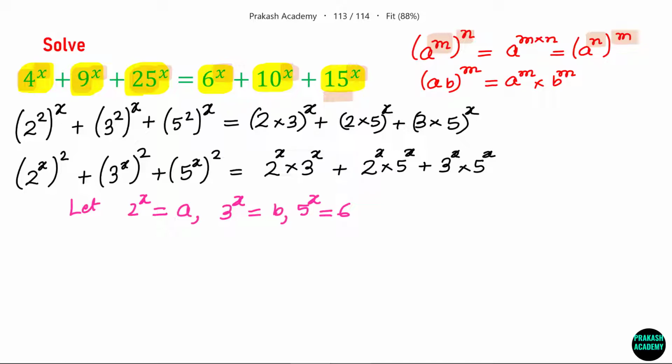So with this substitution I can rewrite this as a square plus b square plus c square, which is equal to ab plus bc plus ac.